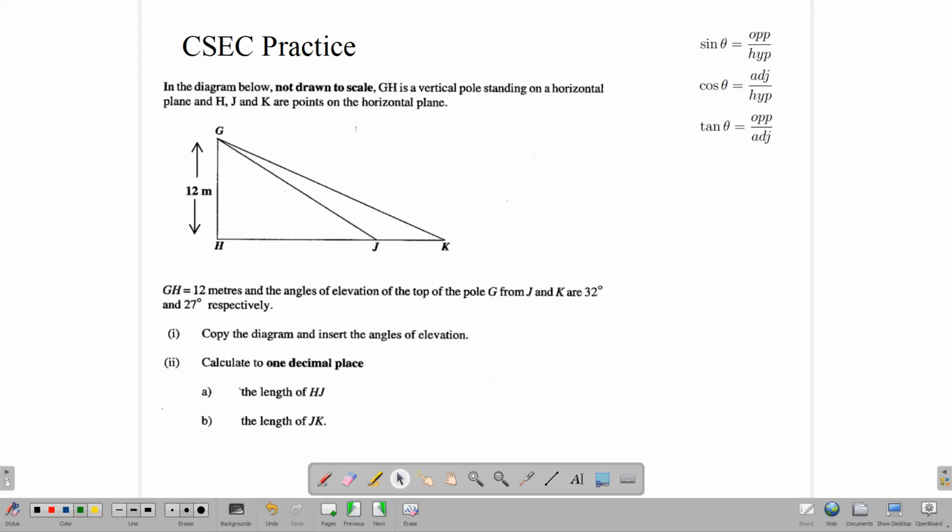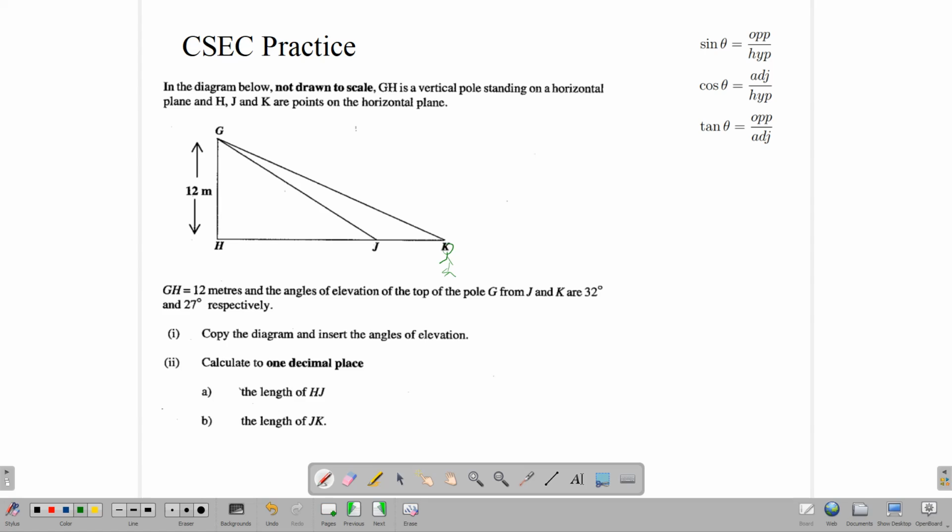Notice something, that if you stand here at K, for example, and you walk toward the base of the pole, as you go closer to it, the angle of elevation becomes bigger and bigger.